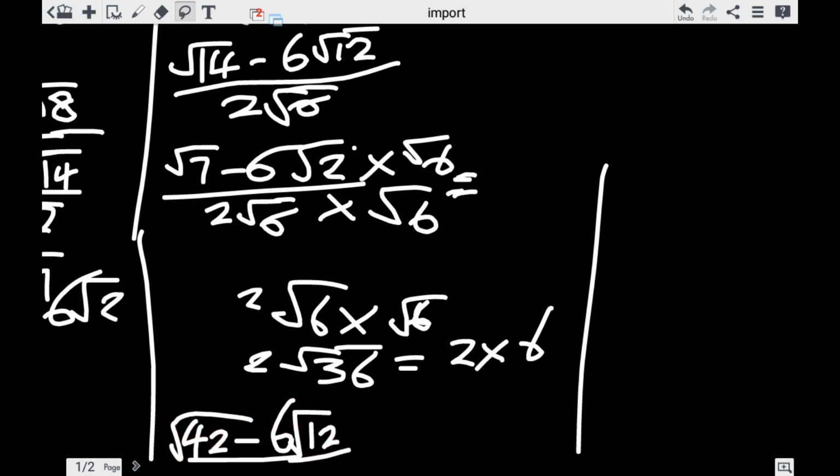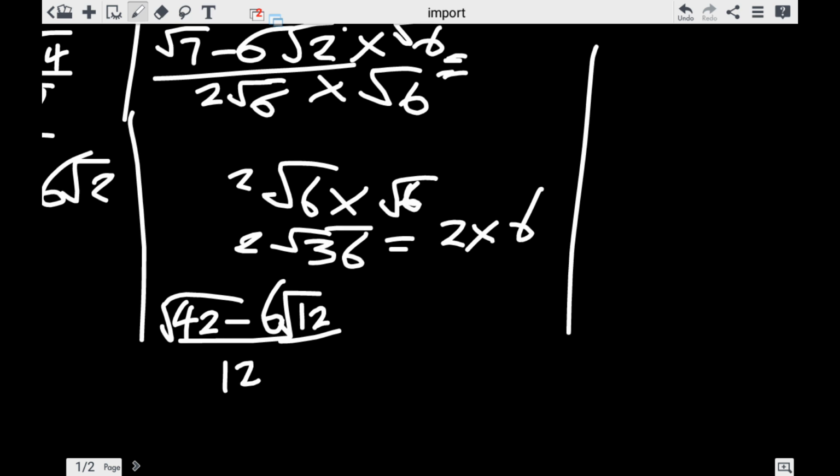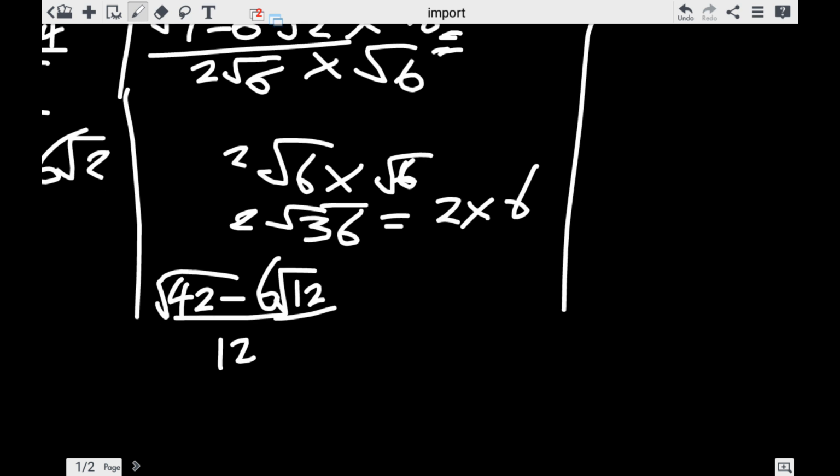So let's continue with it. So what we're going to do here is, 2 can divide 12, and then can 12 divide 42?